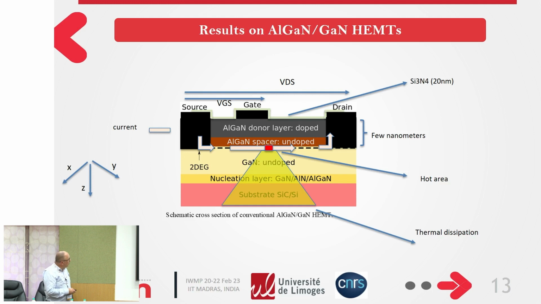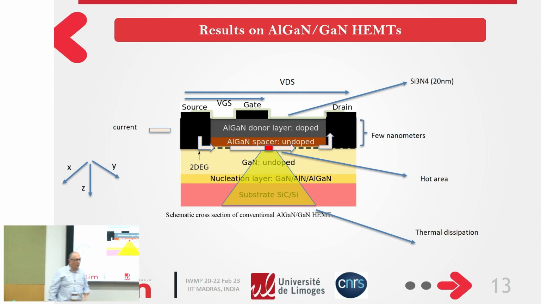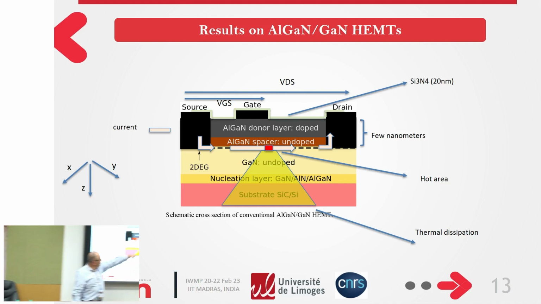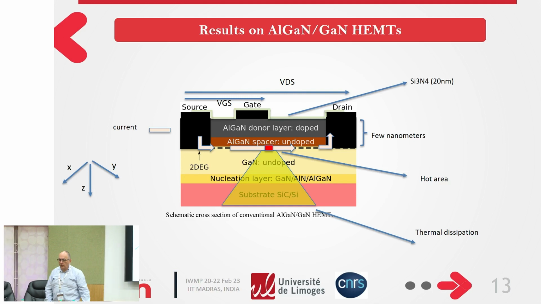To give you some information about AlGaN GaN HEMTs, mainly when we bias the device, the heat source is located at the vertical of the gate, because you have a maximum of electrical field, and the current flows through the device, and this heat source mainly goes through the IC and under the device in the substrate.